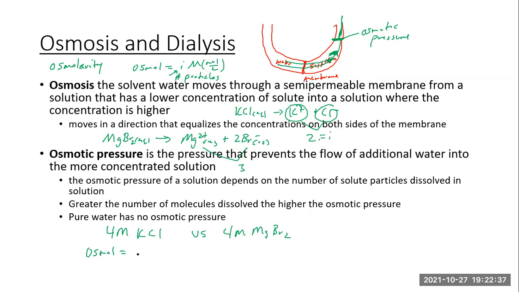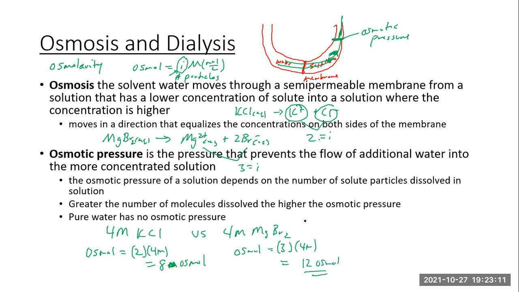So it would be 2 times the molarity, which would give us 8 osmolarity. If we look at magnesium bromide, which has the exact same concentration, but it breaks apart into 3 ions, which means i would be 3 in this formula. The osmolarity would be 3 times our 4 molar, and we would end up with 12 osmolarity.